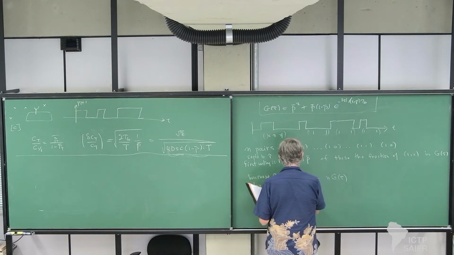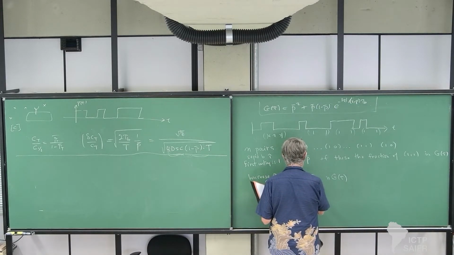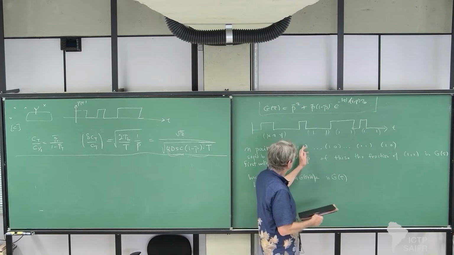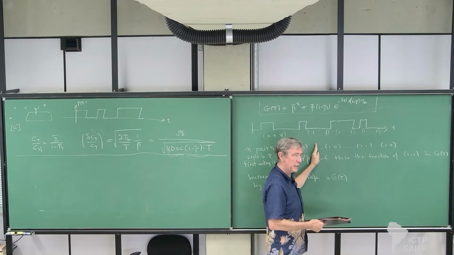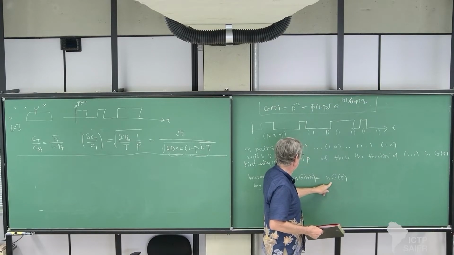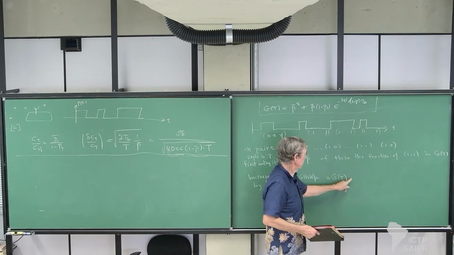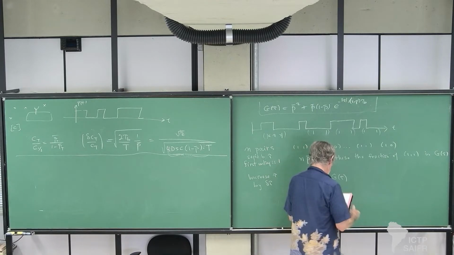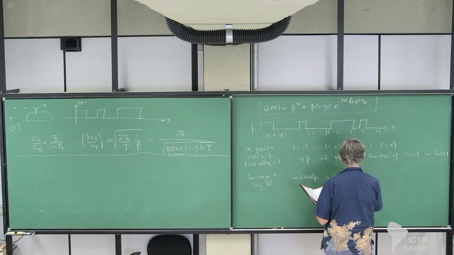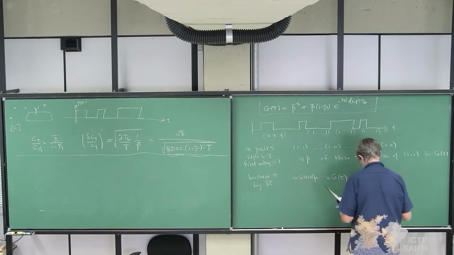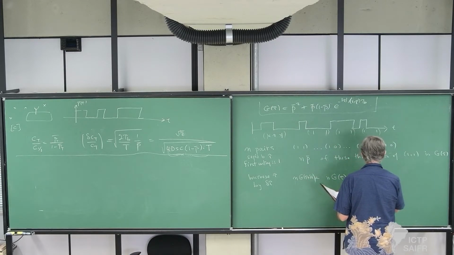But I'd like to know now what is the number of 1 1s after I've changed the time interval, the delay time, a little tiny bit. Of the 1 1s that I had to start with, some of them will stay and some of them will go. And so I add them all up. The claim is that if you work it out, you get g of tau times d tau over tau b.